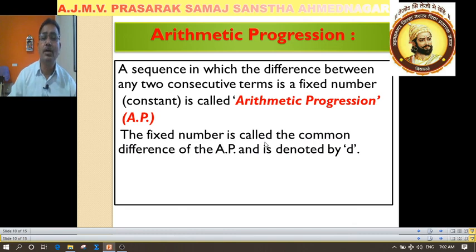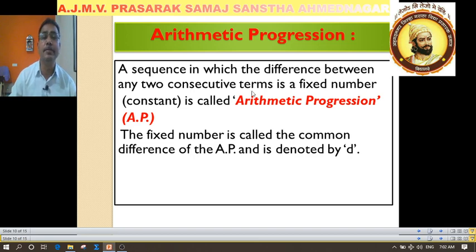The fixed number is called the common difference of the arithmetic progression and is denoted by D. So what is the difference between any two consecutive terms? The n plus 1th term minus the nth term, or the nth term minus the n minus 1th term, or the second term minus the first term, or the third term minus the second term, or the fourth term minus the third term.